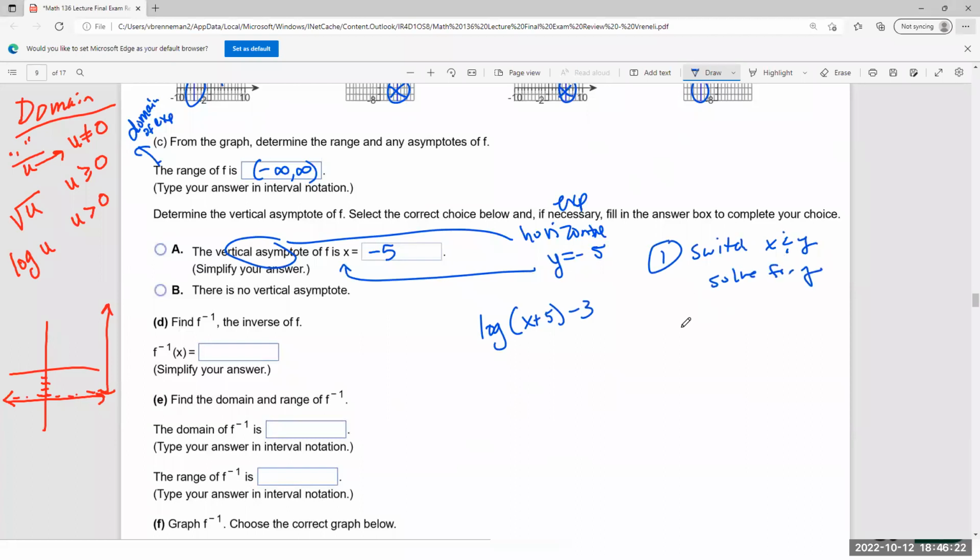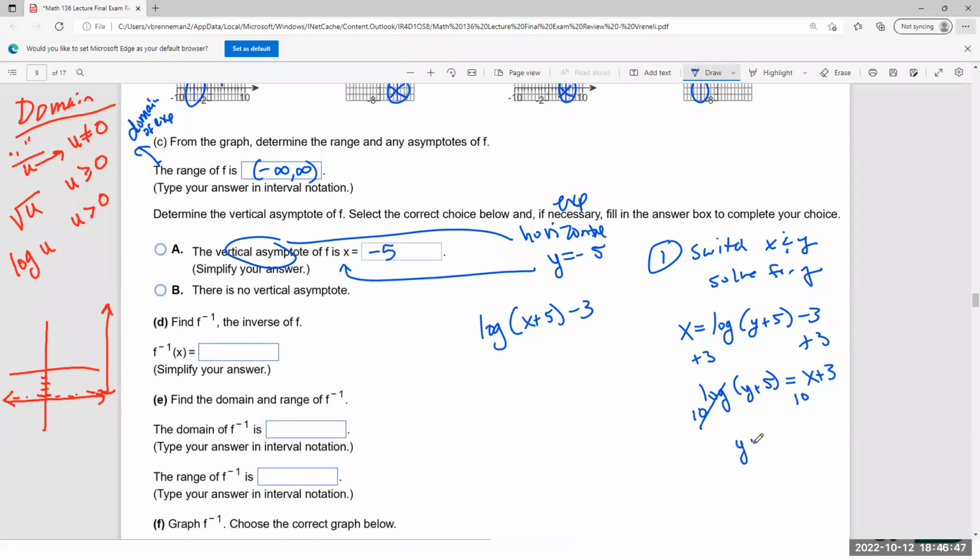So we have then x equals log of y plus 5 minus 3. So to solve that, I have to isolate the log. So then I have log of y plus 5 equals x plus 3. Then I have to apply the correct base to both sides to undo the log. Since there's no base written, it's base 10.